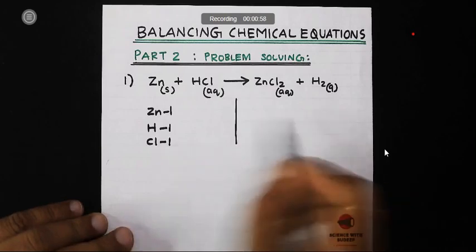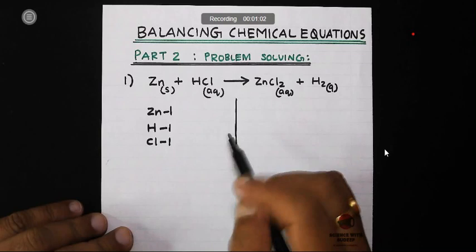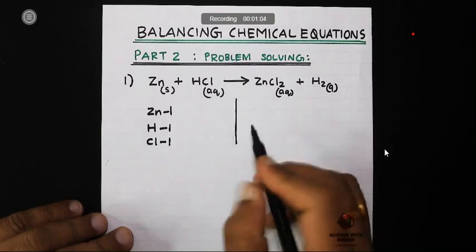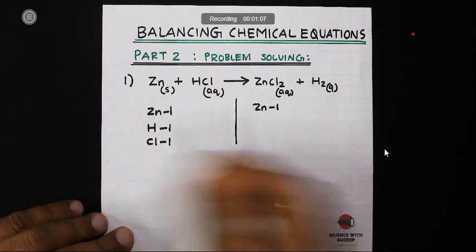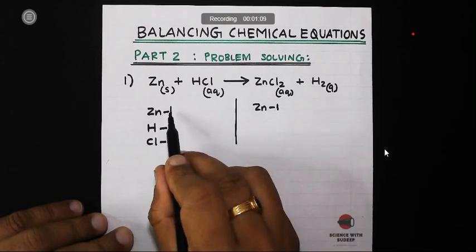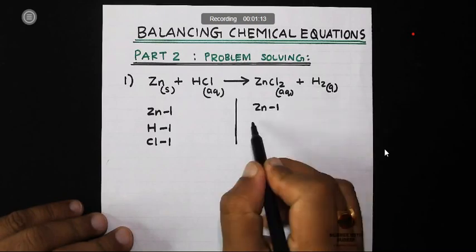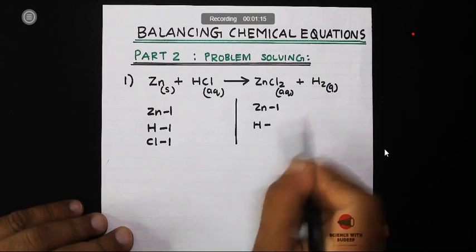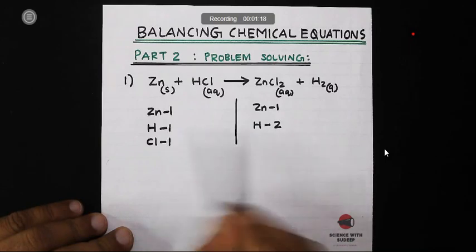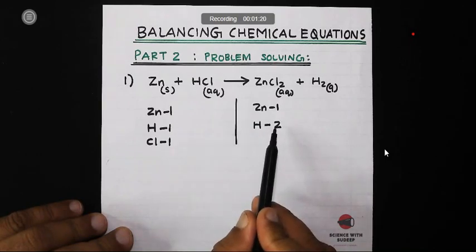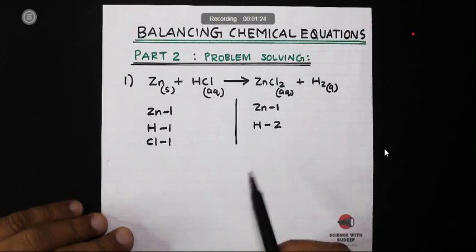If the right hand side has the same number of elements, then the equation is balanced. Otherwise it's unbalanced. We have zinc 1, which matches the zinc on the left hand side, so it's fine. Let's look at hydrogen. On the right hand side we have 2 hydrogen, so the number of hydrogens on the left hand side and the right hand side are not equal, so the equation is already unbalanced.